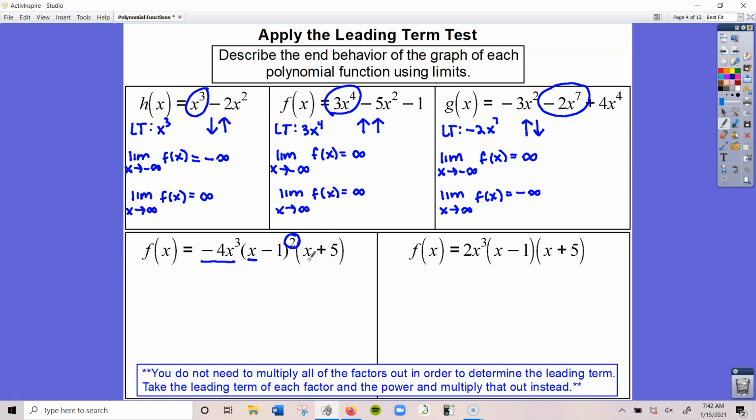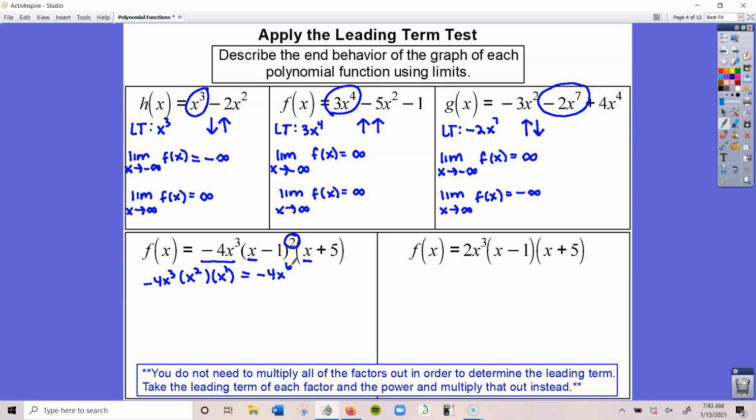And then for the x plus 5, my leading term is x. So I would multiply negative 4x to the third with x, and then it's being squared, and then times that third x, which gives us a leading term of negative 4x to the 6. Remembering that when you're multiplying variables, you add the exponents. 3 plus 2 plus 1 is 6.